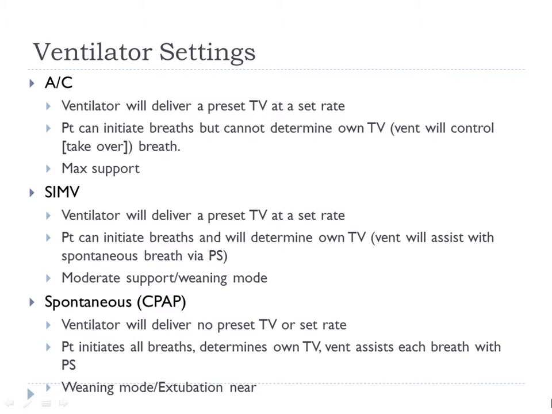So if the patient decides, well, I want to initiate my own breath, they begin to inhale, the machine kicks in and takes it over. It makes them take that 500. So the machine comes in and assists that breath. It controls the 12 and it assists those extra ones. And it turns it into a machine breath. The patient initiated it, but the machine took it over and did what it wanted to do. Does that make sense?